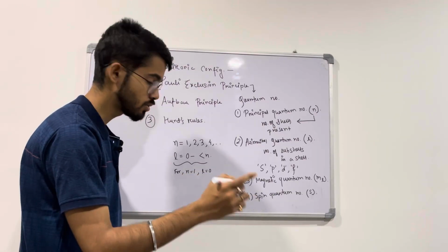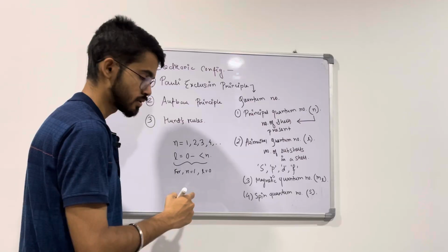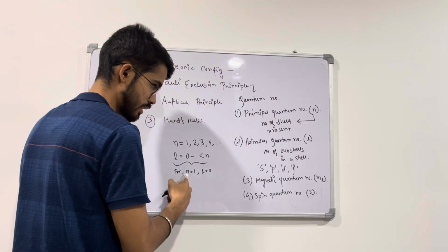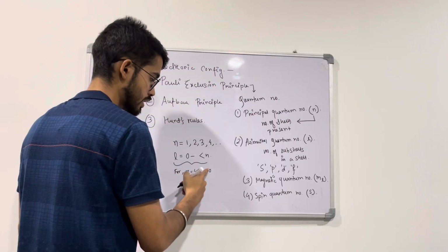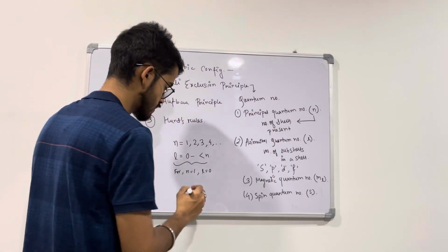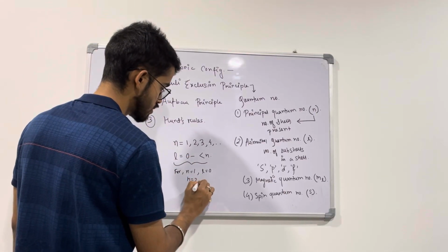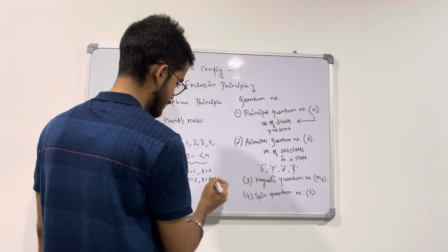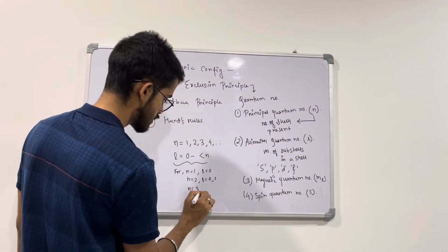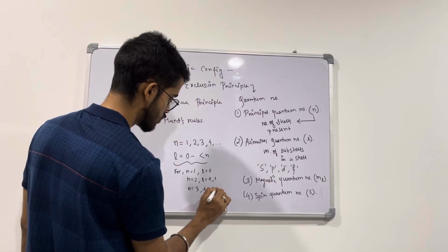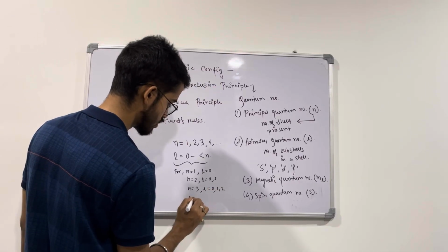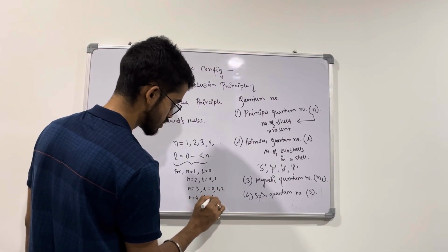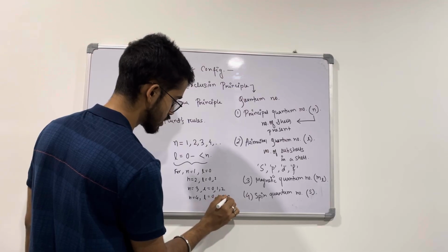It cannot be equal to n, it is less than n, starting from value 0. So for n is equal to 2, l is equal to 0 and 1. Again see, for n is equal to 3, 0, 1, 2. For n is equal to 4, l is equal to 0, 1, 2, 3.